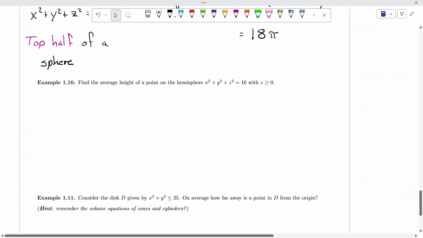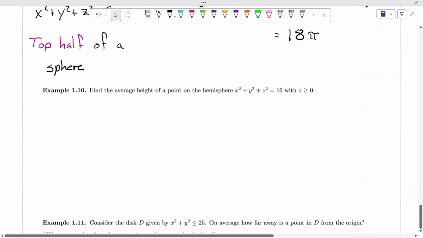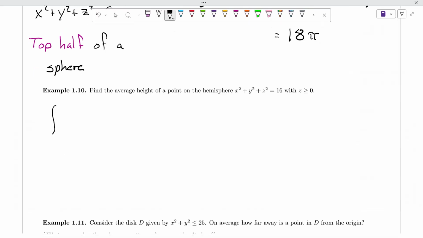So if we wanted the average height of that thing, we might be looking at something like this. The double integral over, well, let's use D again. This one didn't tell us what region to use, but we'll figure that out in a second. I need a function for height.